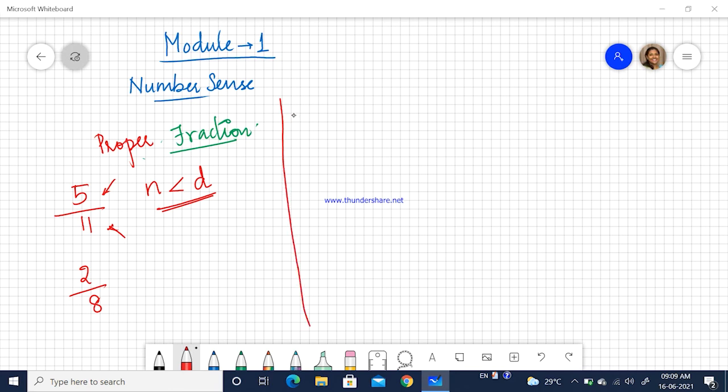And let's see what is an improper fraction. Improper fraction means the numerator is greater than the denominator. Whenever the numerator is less than the denominator, that is a proper fraction, and numerator greater than the denominator, it's an improper fraction.